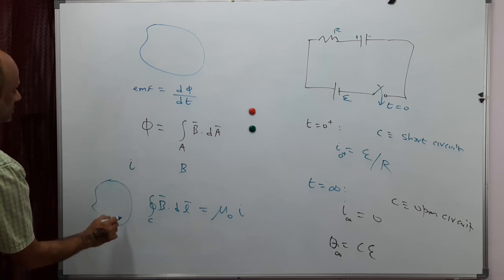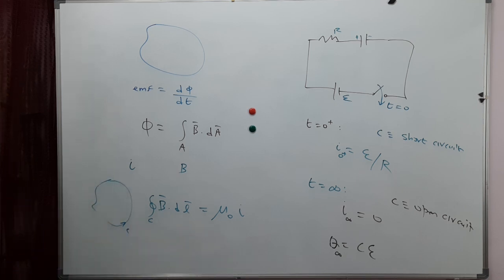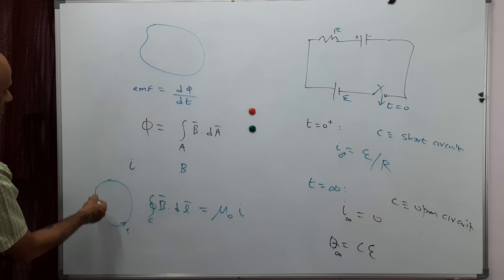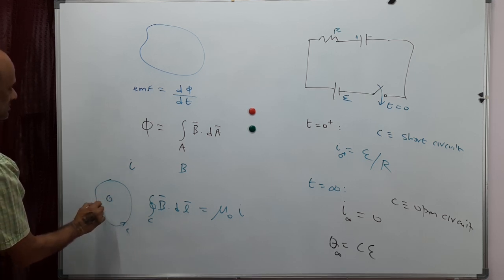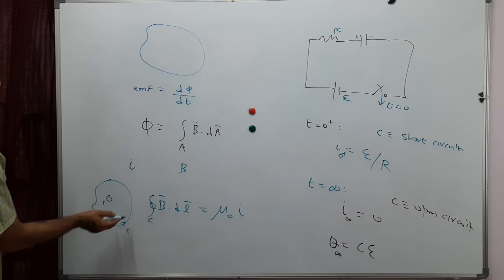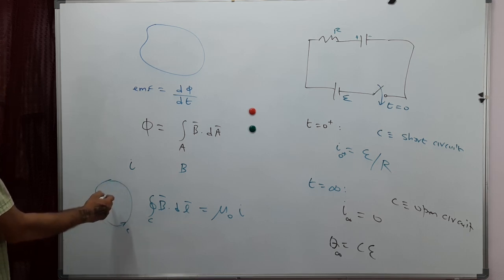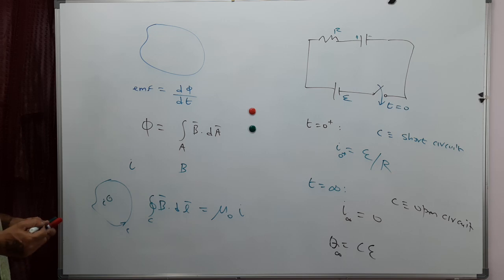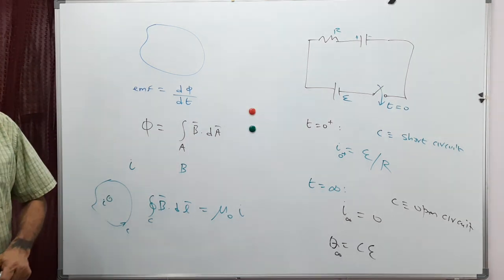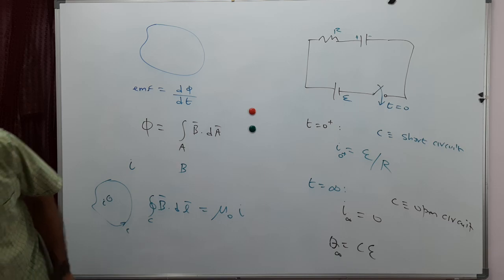For example, this is a closed path, say C. If you do B dot dl along this closed path and some current is flowing, the sum of B dot dl along this closed contour equals mu naught into I passing through this contour. So this is Ampere's circuital law. Based on these ideas, we can solve this JEE Advanced question.